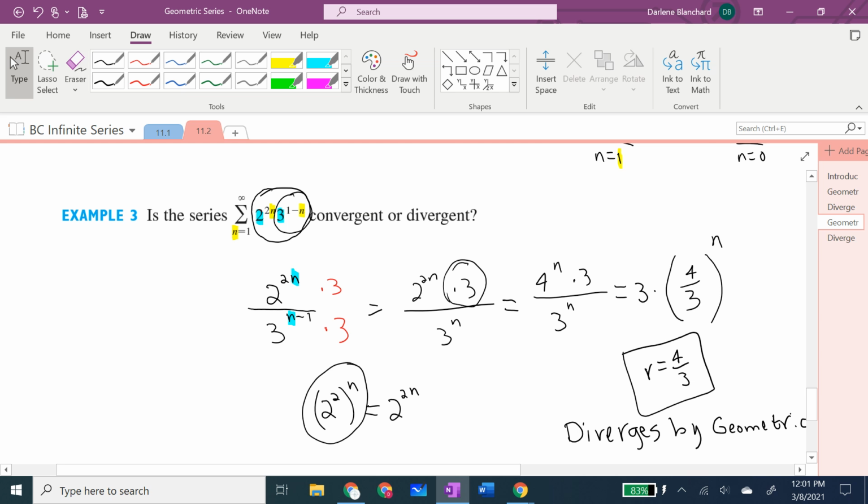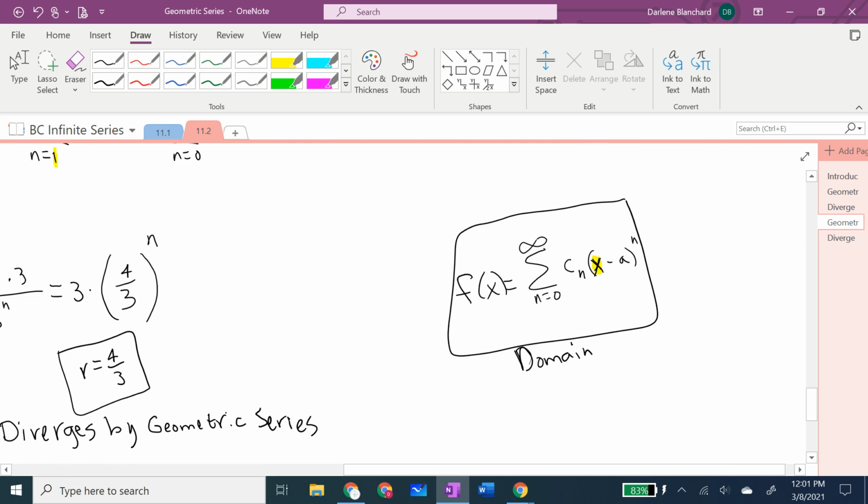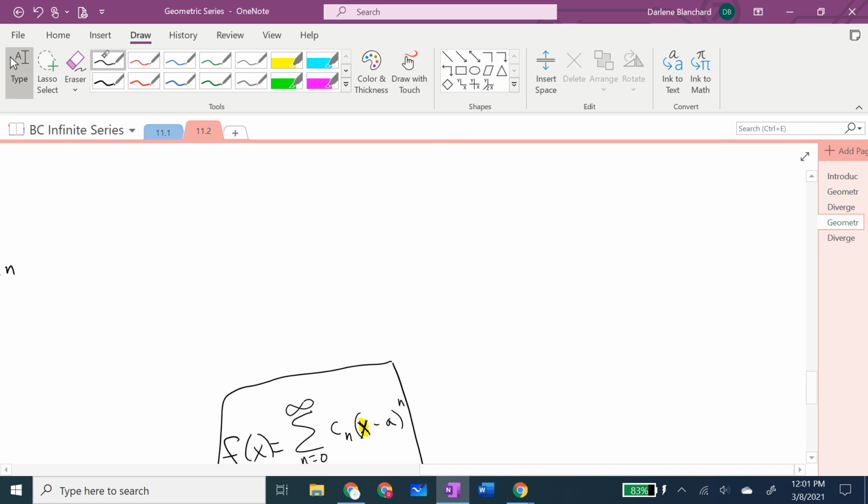Now, when you're finding domain, let me throw an example of something you know. Let's say I give you a function, let's make it g of x equals square root of x minus 1. The domain of this function is 1 to infinity.